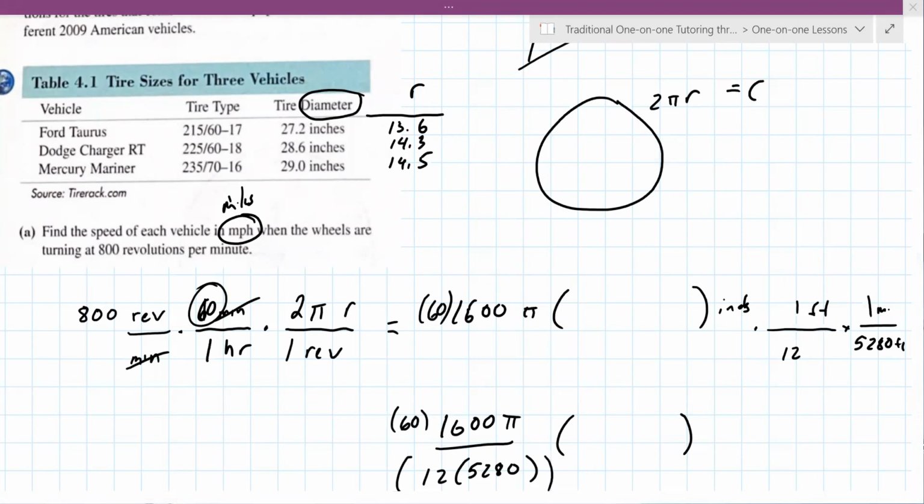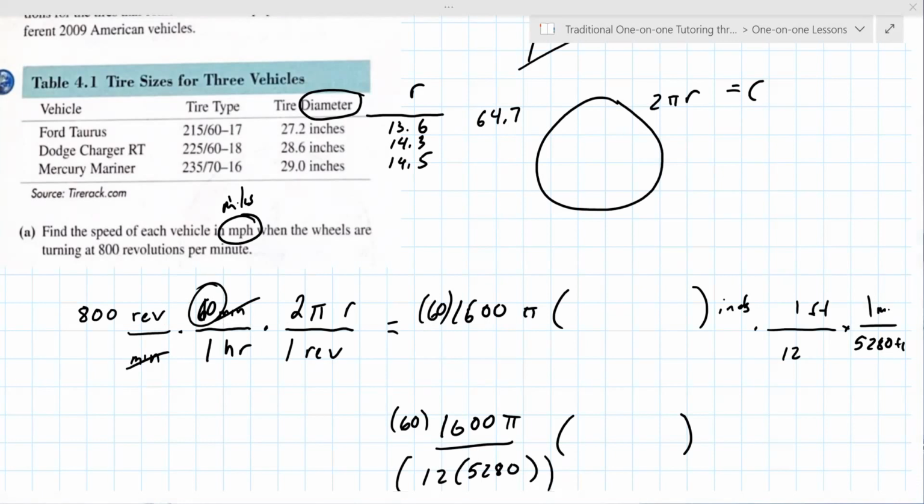Okay, so for this first one, it's 64.7. The next one is 68.1, and then 69.0 for the last one.